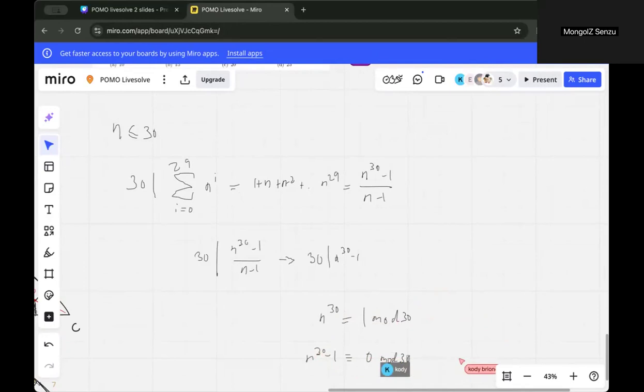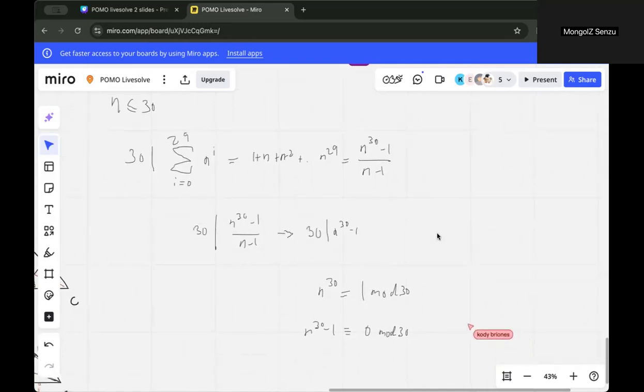So if n is co-prime to 30, then by FLT, this should satisfy.